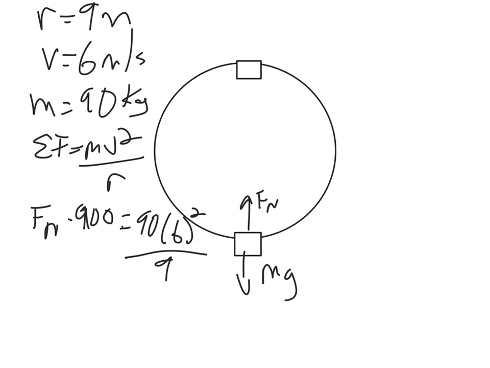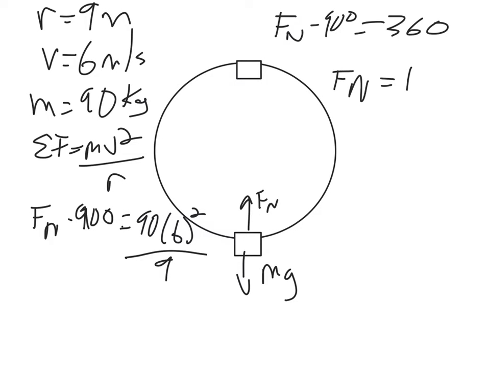Apologize for that, I'll work over here. On the right side, I'm getting 90 times 36 divided by 9, which is the same as 10 times 36, so 360 equals normal force minus 900. So the normal force here is equal to 1260 newtons.